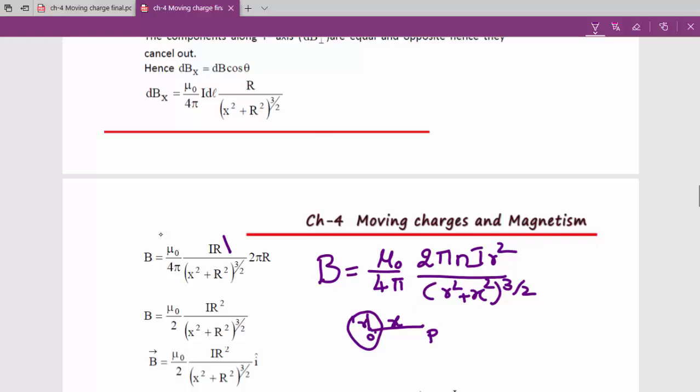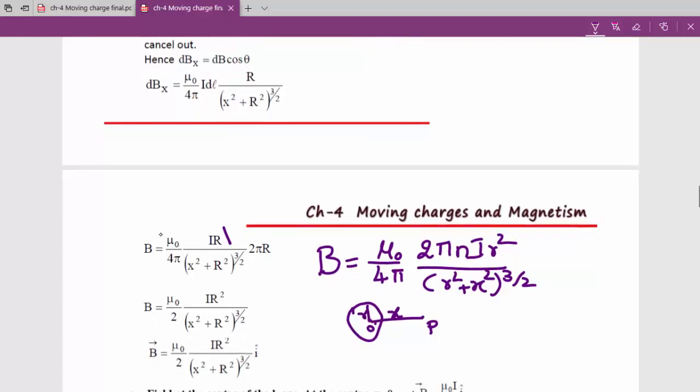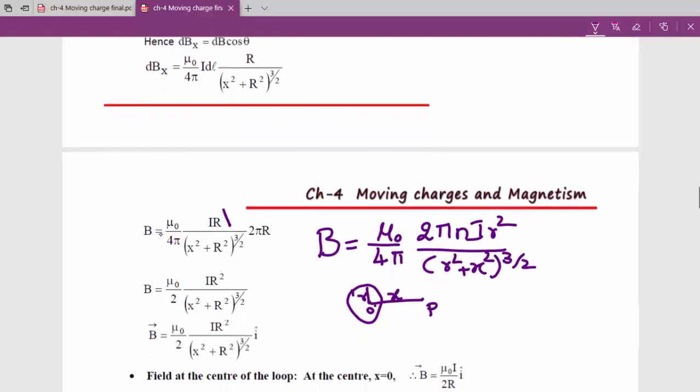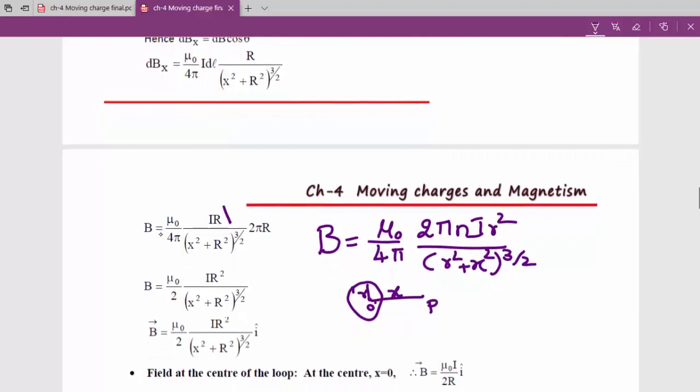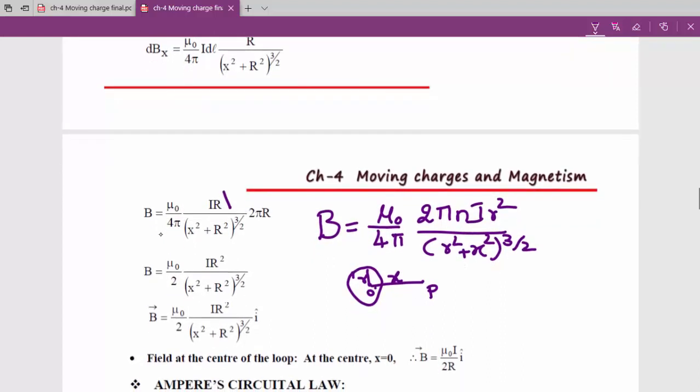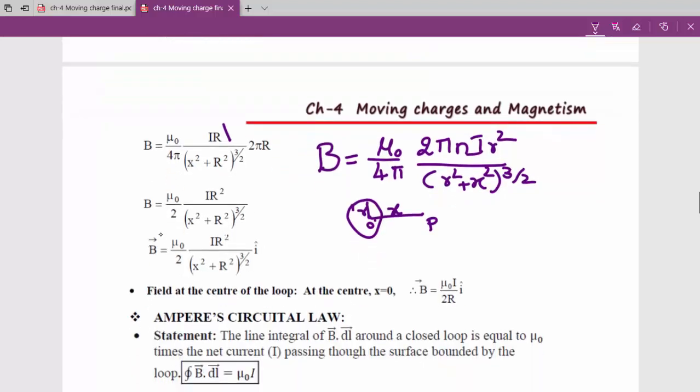The formula is mu naught by 4 pi, 2 pi n I r square by r square plus x square whole raised to 3 by 2. You all know this formula, remember this one, which is very helpful for solving problems, where n is the number of turns in the circular coil, I is the current in the circular coil, r is the radius of the circular coil, and x is the distance of point P from the center of the circular coil.